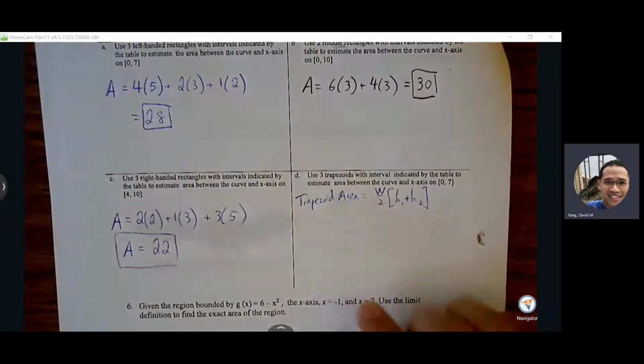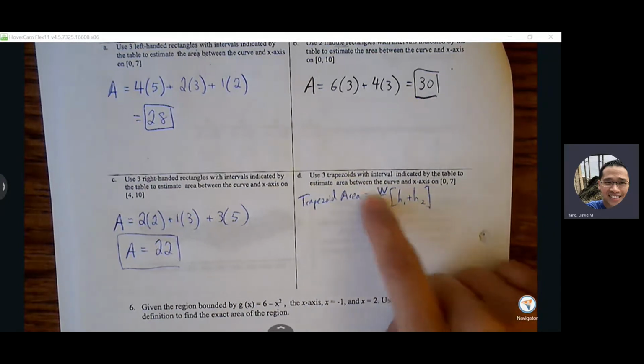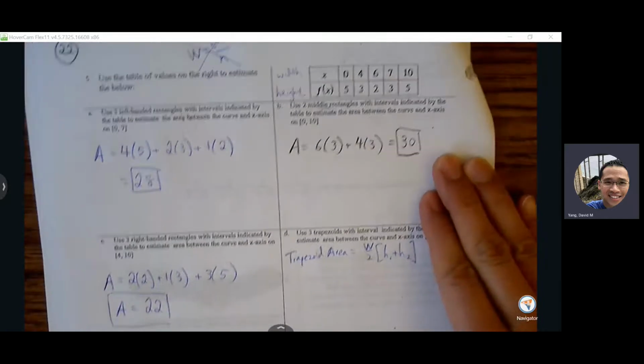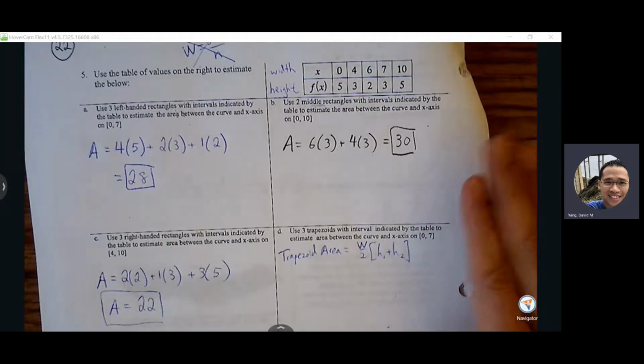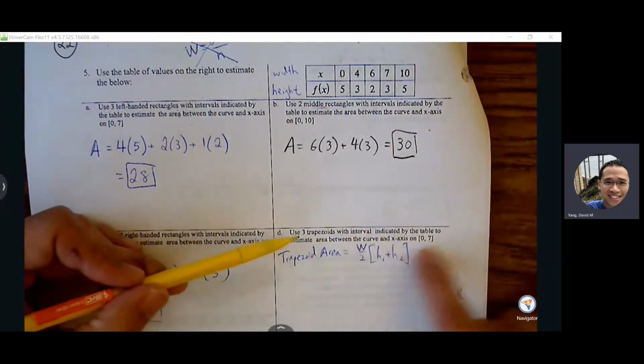Again, we are not going to be doubling up all the middle trapezoids because the widths are not the same. We're going to have to do this 3 times, okay? Each trapezoid will get its own rule. That's the safest way to go, especially if you're given a table of values where the widths are not the same. But we're going to draw our subintervals the same way that we did before.